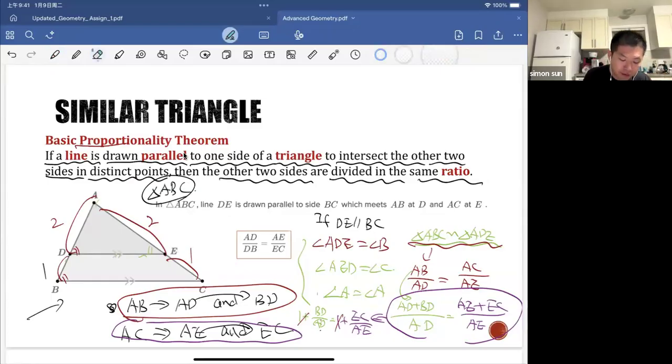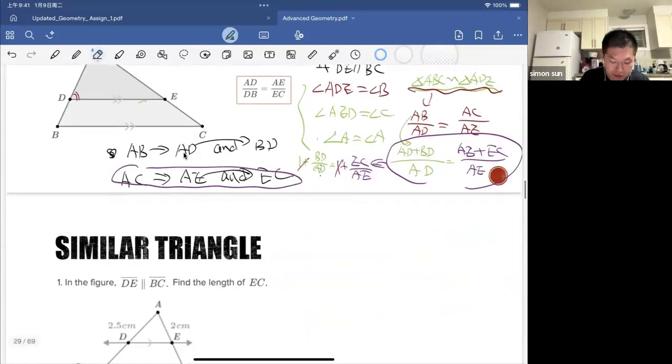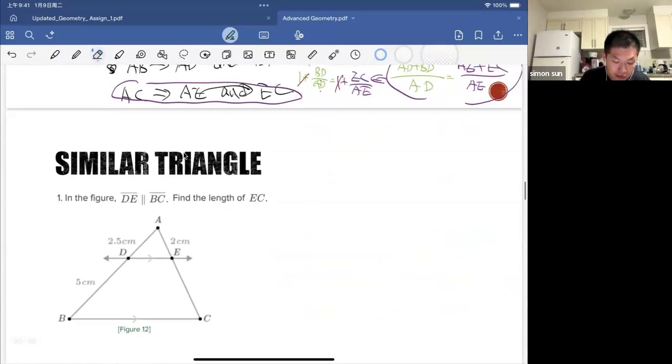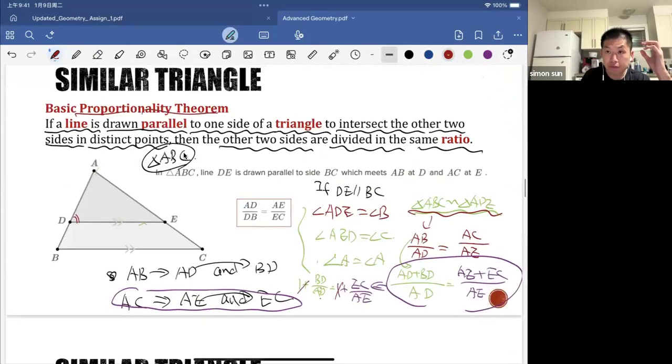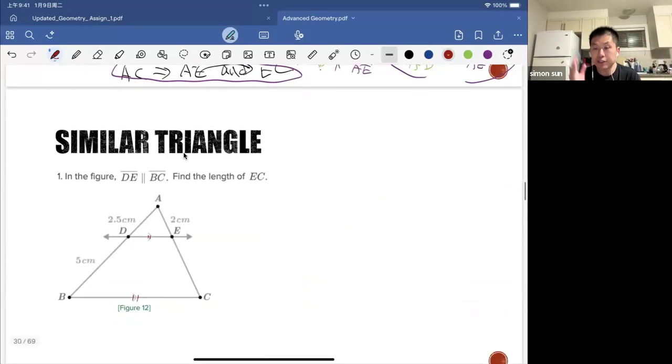Let me give you an example. Take a look at this one. Look at the graph. We have DE parallel to BC. Based on the proportional theorem, we don't actually need to prove the similarity.